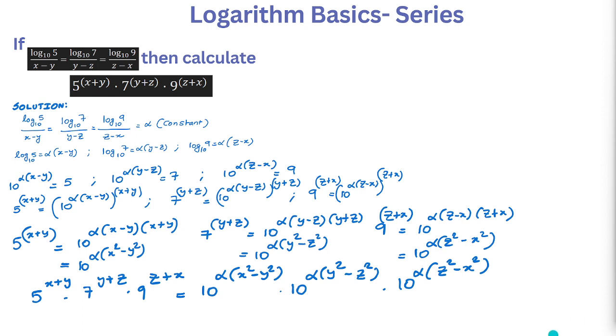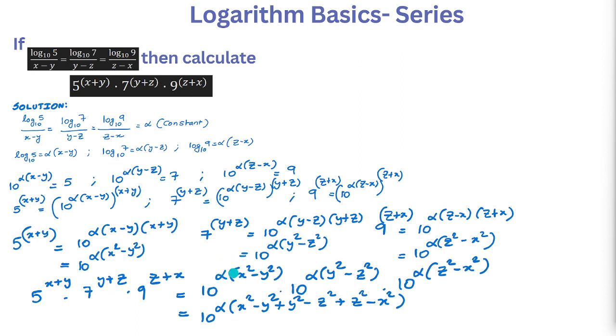Since they all have the same base, 10, you can add the exponents together. When you do that, you get 10 to the power of alpha times x squared minus y squared plus y squared minus z squared plus z squared minus x squared.